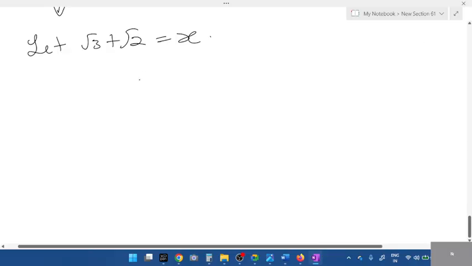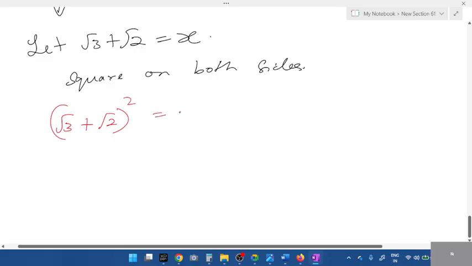Root 3 is not a perfect square, therefore it is irrational. If they ask us to prove, write it like this, below this. Square on both sides. So take root 3 plus root 2 the whole square is equal to x square. Use a plus b the whole square here.